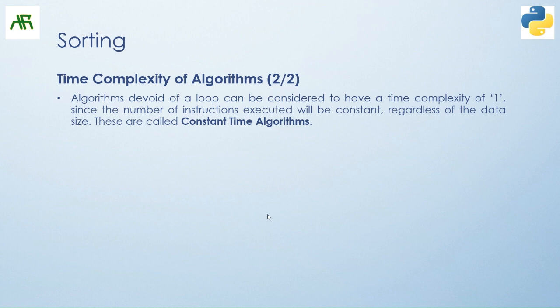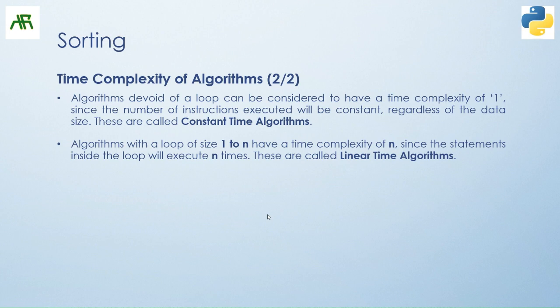It will not change between data sets. Given a program, given a set of statements, for each data set, these instructions are run just once. So these are called constant time algorithms, regardless of the data size. Whether it is a small data set or a large data set, these instructions will run only once because there is no looping.